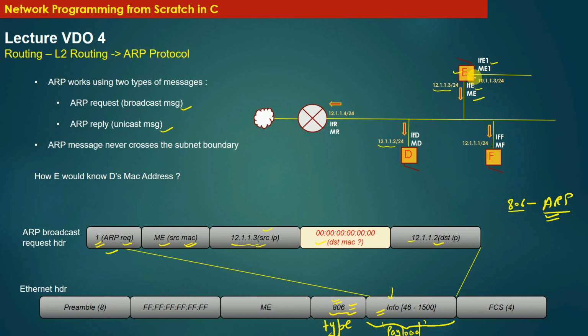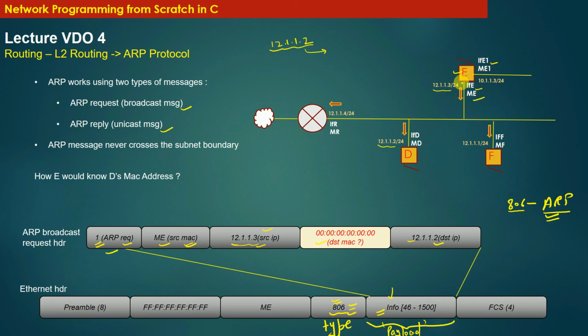So for that, machine E checks for which IP address it is trying to resolve the ARP. So in this case, it is trying to resolve the ARP for IP address 12.1.1.2. Now machine E will check which local interface is configured with an IP address such that this IP address falls in the subnet of that particular interface.